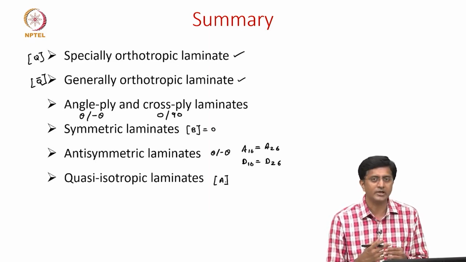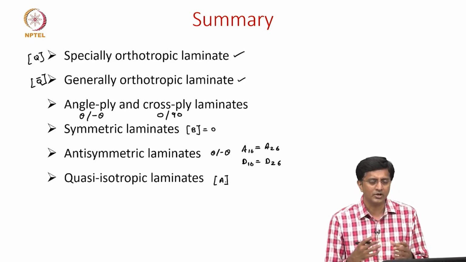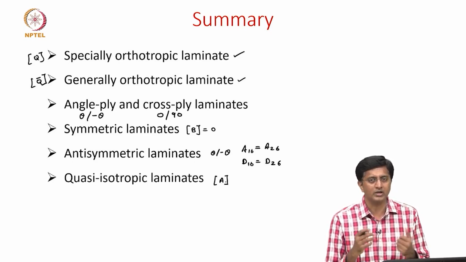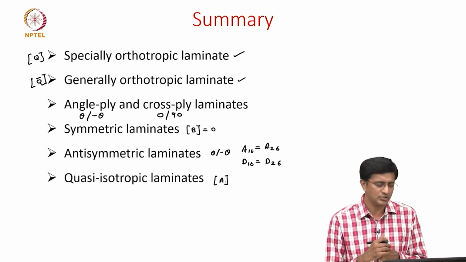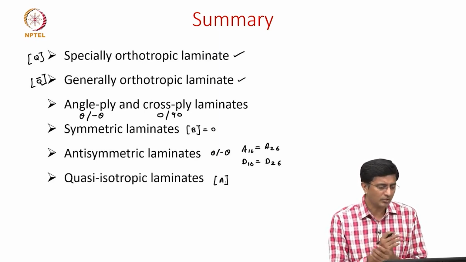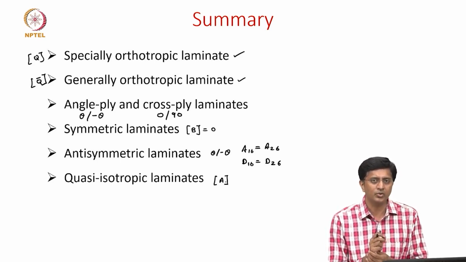For example, with symmetric laminates, we said during curing we don't want the shape of the laminate to change, so we should use symmetric laminates where this coupling of bending and extension is gone. Okay, this should conclude our discussion on the select laminates. The next video will briefly look into hygrothermal stresses in a laminate.